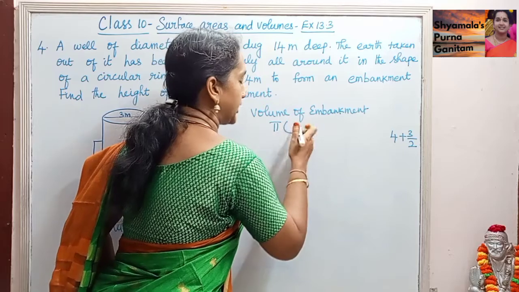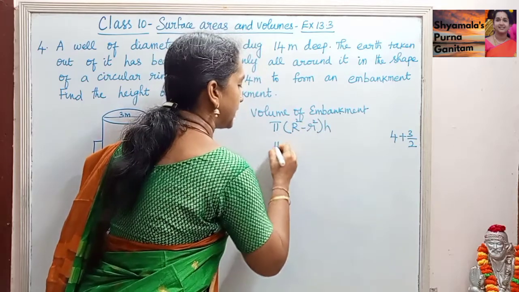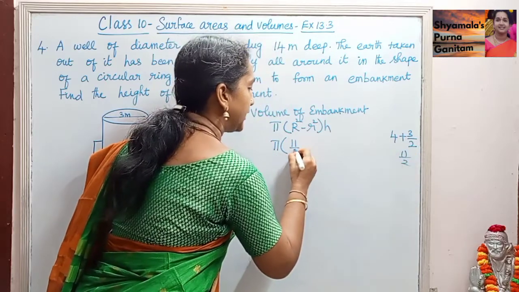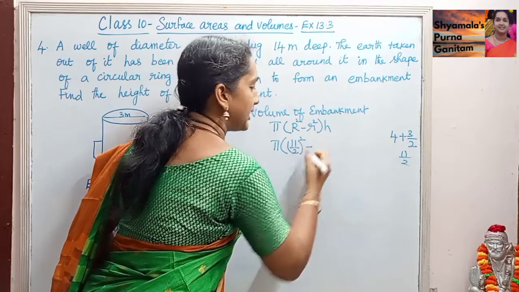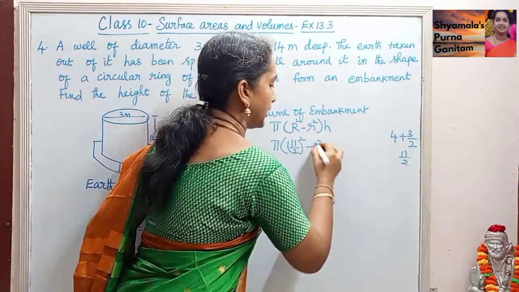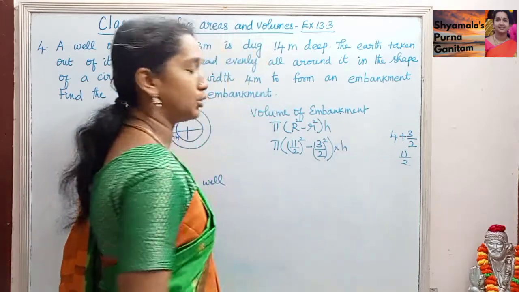That is capital R squared minus small r squared, into h. So pi into capital R squared, which is 11 by 2 the whole squared, minus the smaller radius 3 by 2 the whole squared, into h. H only we are asked to find.